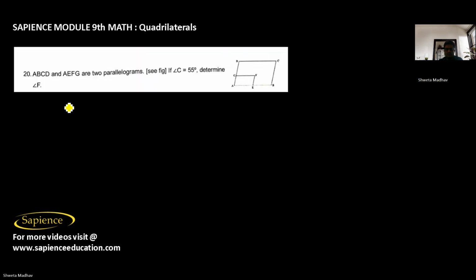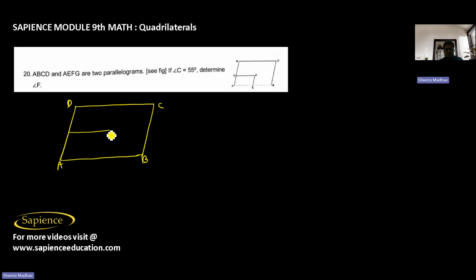Then here in question number 20, two parallelograms are given having a common angle, which is A. So this is ABCD, and this is another parallelogram inside, AEFG.